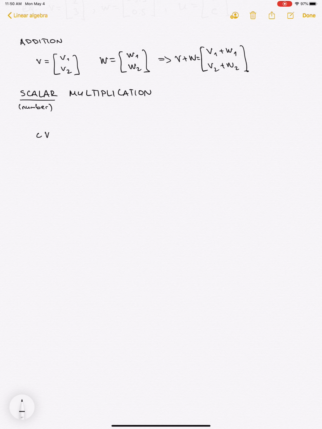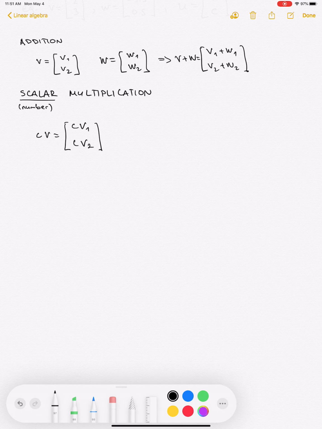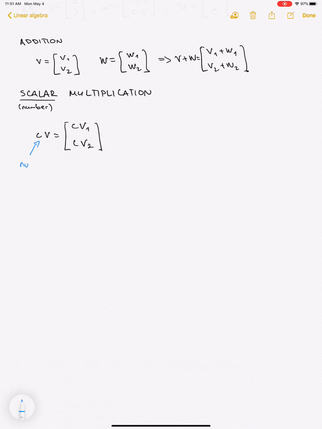Generally speaking, it would be C times V equal to CV1, CV2. Although things kind of look the same, C is a number and V is a vector. So the vector would have two components, the number has one component.